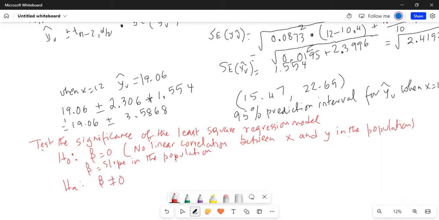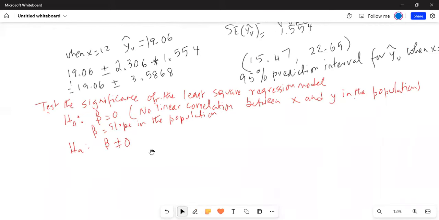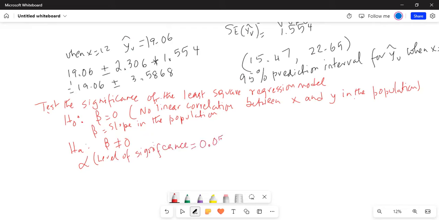And if I move up a little bit, alpha, as we saw before, the level of significance, is equal to 0.05. Okay, so what will we do?